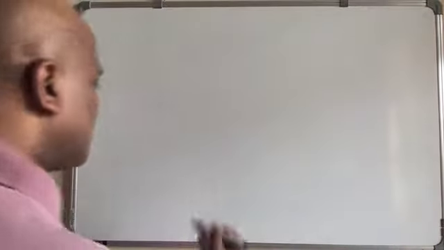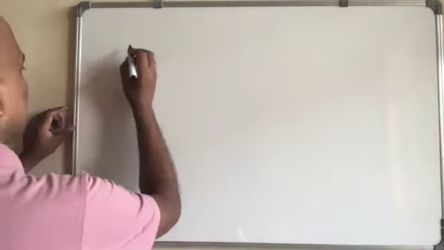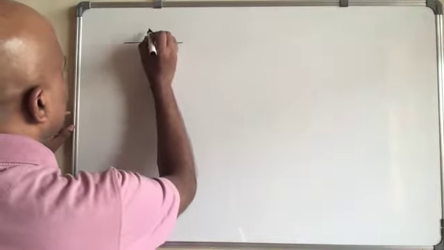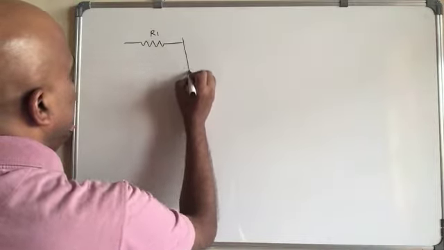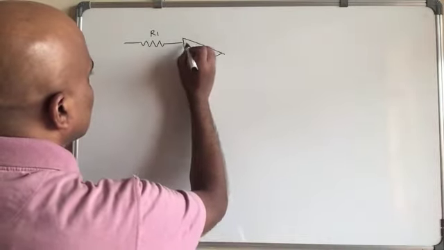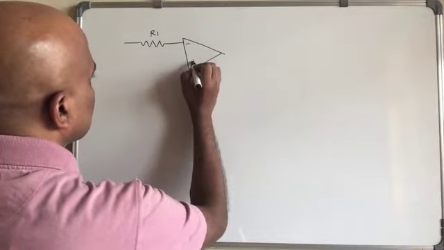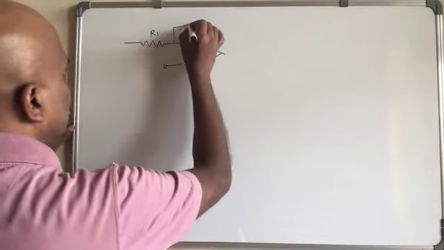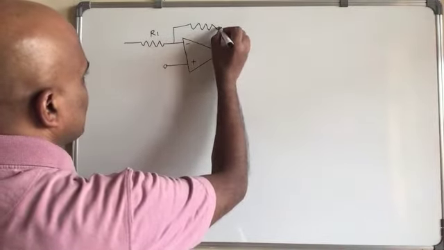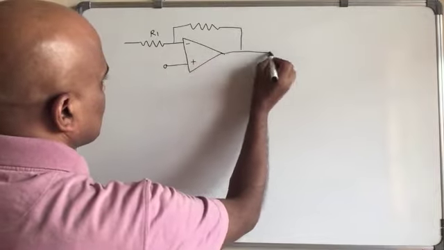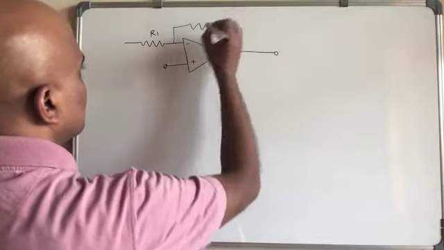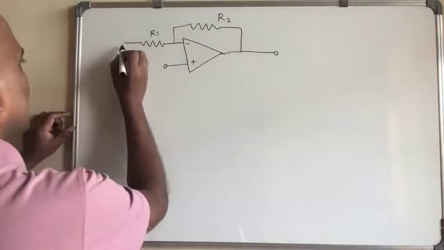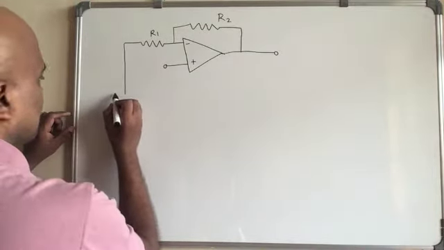To make a non-inverting circuit, we have to connect this differently. Originally we had R1, then the op-amp here, this is minus, plus here, another resistance, R2, and you connect like this.